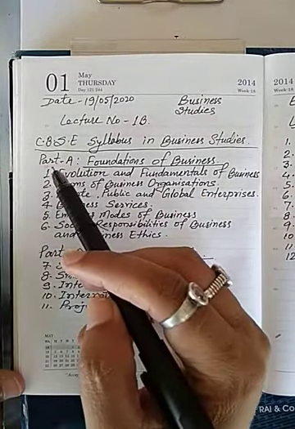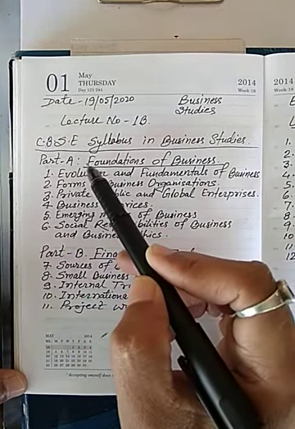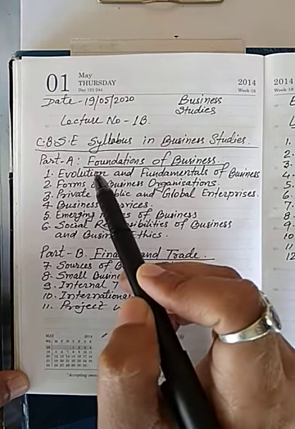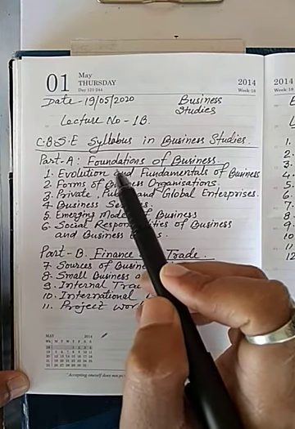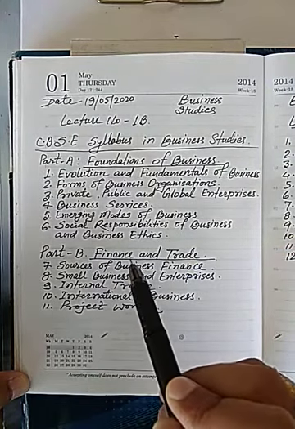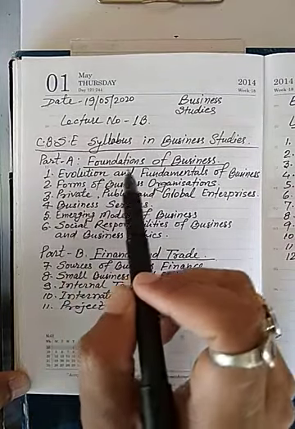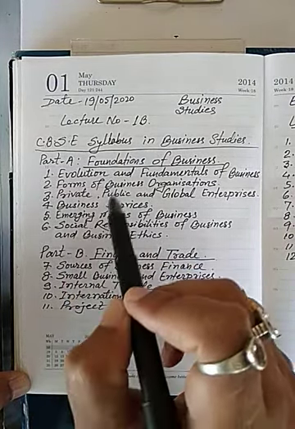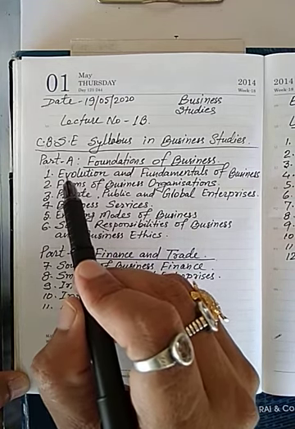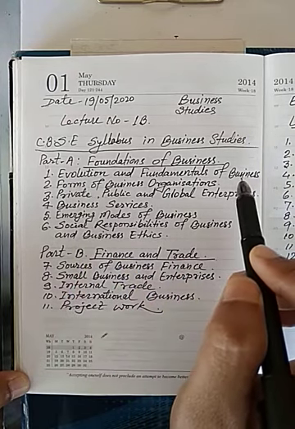There are two parts. Part A, fundamentals, foundations of business, and part B, finance and trade. Under part A there are 6 chapters. Name of first chapter will be evolution and fundamentals of business.